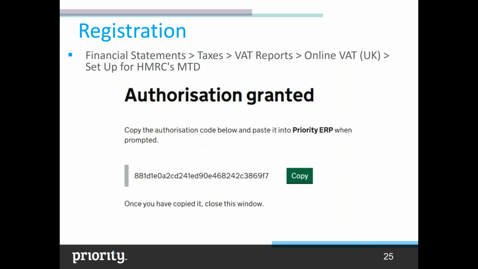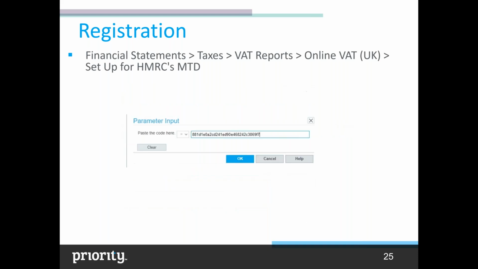the site will generate a unique number for you, which will be copied. You will copy it and assign it on the system onto this procedure. You can see at the top of the slide that it is the setup for HMRC MTD that will then save a token from HMRC onto the Priority system, and from that point on you can use Priority.